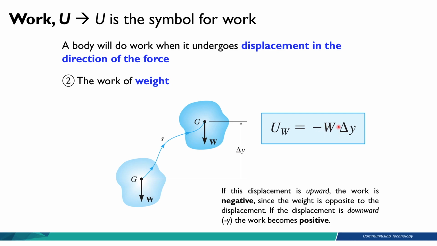So minus W times positive delta Y will give a negative work done by the weight. But if the displacement is downward, which is the normal case, where the rigid body travels from top to bottom due to the weight, then the work becomes positive, because here is minus W, and delta Y will also be minus because it is traveling from top to bottom.